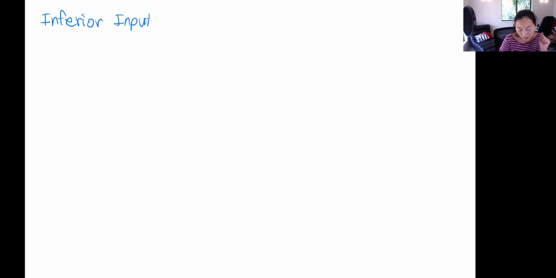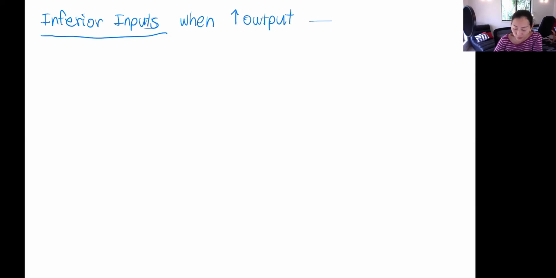Next, inferior inputs, or inferior factors of production. The definition of an input being inferior is when we increase the output quantity Q, and then we observe that we actually decrease the employment of the inferior input.